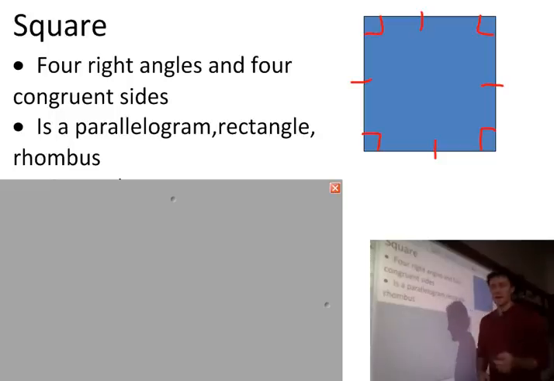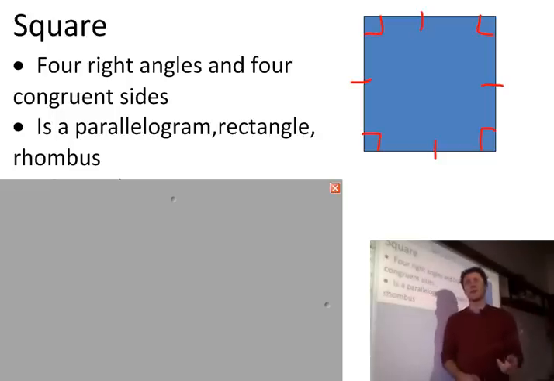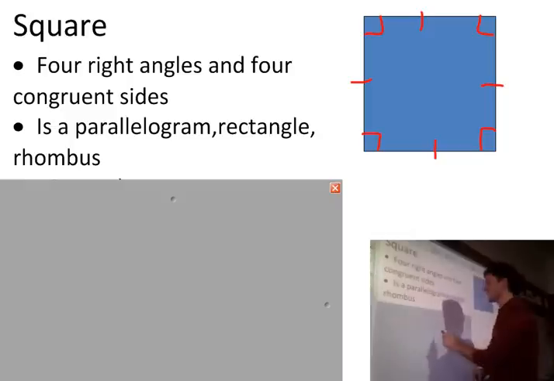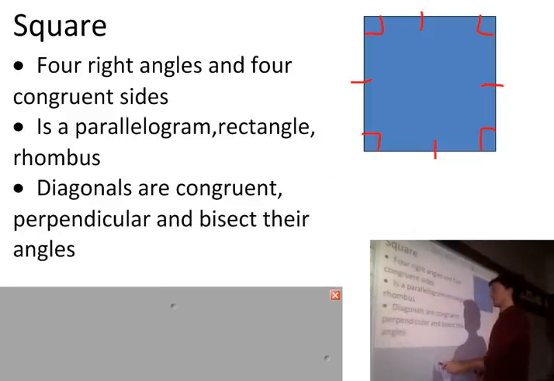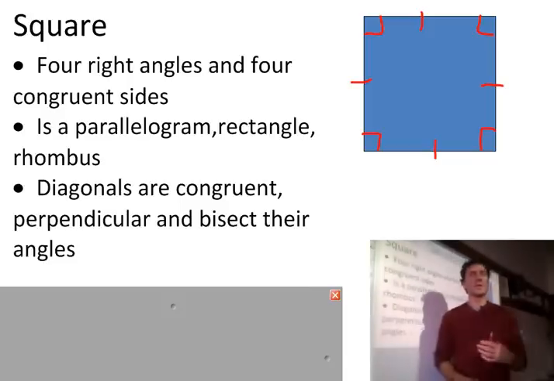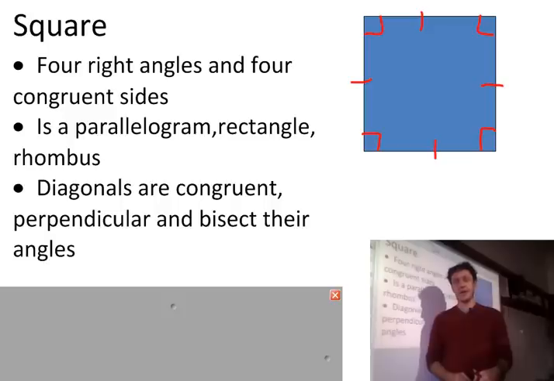So if we drew in diagonals, the diagonals would bisect each other, they would be congruent, they would bisect the angles, they would form right angles in the middle, all those rules. There it is. So if you can recall all those rules from a parallelogram and all those rules from a rhombus and a rectangle, they all apply to a square.